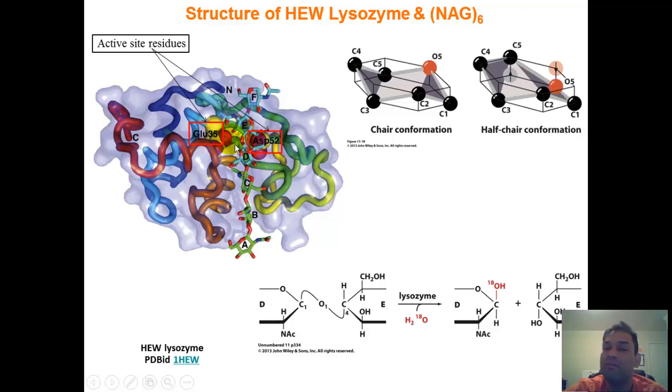So let's go over the mechanism now and see how these 2 amino acids in the active site, very conserved from mice to man in lysozyme, how they cut. And important to this cutting is right at the cut site you have the sugars undergo a half-chair conformation where 4 of the 6 atoms become coplanar.